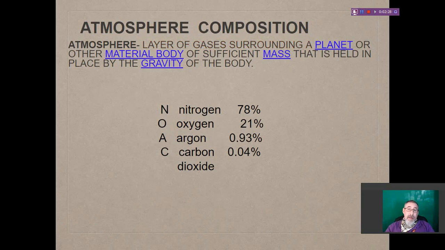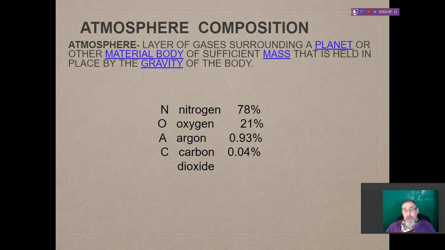Oxygen, if you didn't know, is a flammable gas. What we're really breathing in is about 78% nitrogen. The bulk of what we inhale is nitrogen. There's about 21% oxygen.